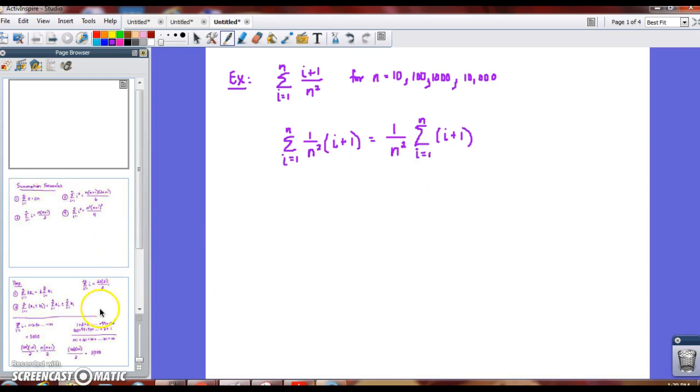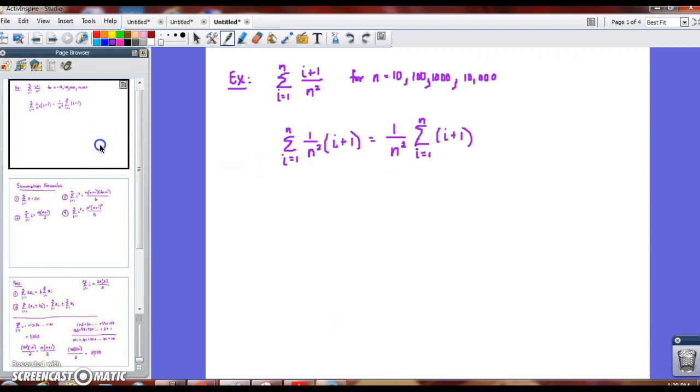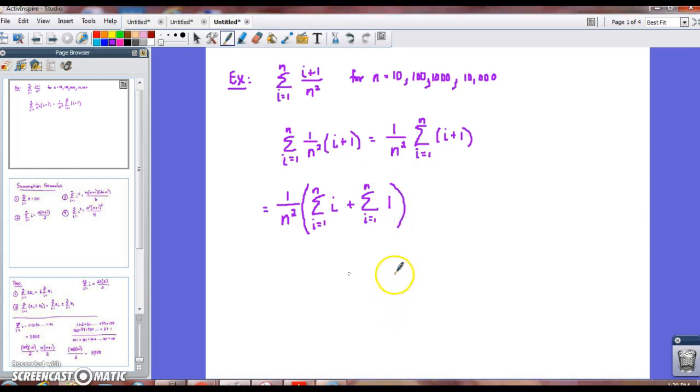Going back to our properties, we did just use the first property, now I can use that second property, and that allows me to break up my summations. So I have 1 over n squared times the summation of I equals 1 to n of I plus the summation of I equals 1 to n of 1. Okay, so all I did was apply some of my properties.